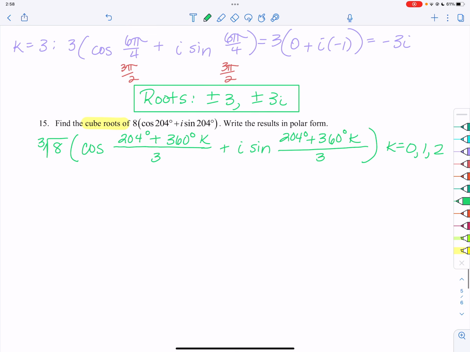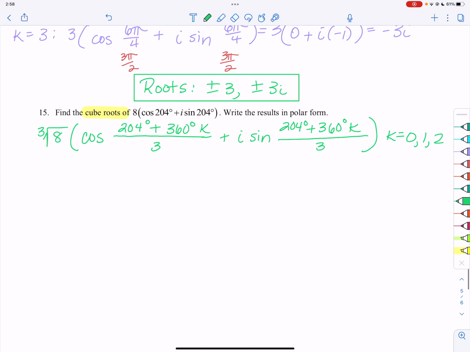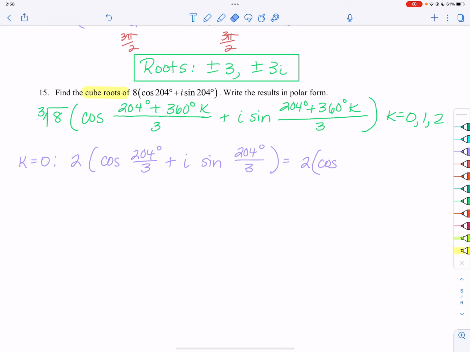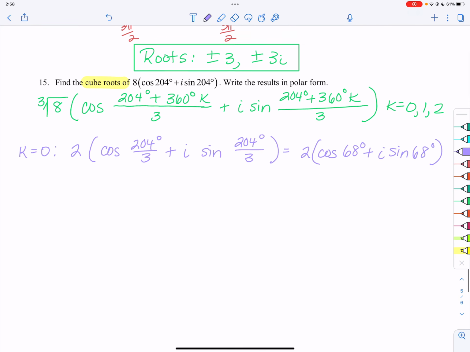Okay, so now let's start with k equal to 0, and we have 2 multiplied by the cosine of 204 degrees divided by 3 plus I sine of 204 degrees divided by 3, and that's equal to 2 cosine of 68 degrees plus I sine of 68 degrees.